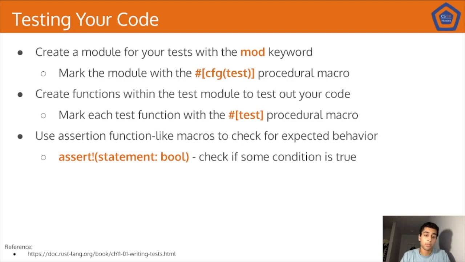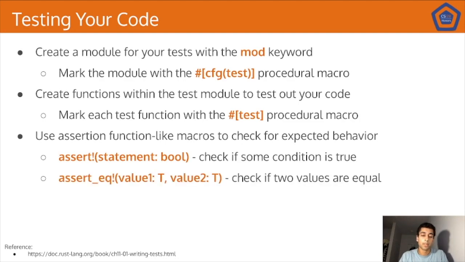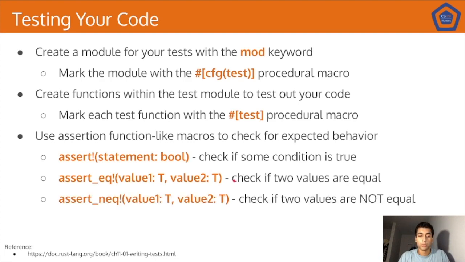Then you have assert equals, which takes in two values. These two values must be the same type, and this assert equals macro will test if the two values are equal. And then the opposite, assert not equals: Rust will check if these two values are not equal. So in this case, with assert not equals, if the two values are not equal, the test will pass.